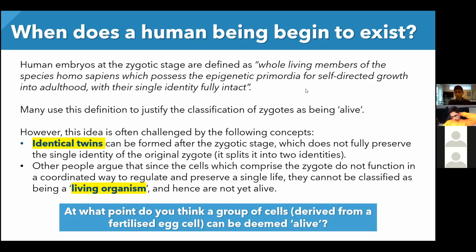Since zygotes can't make decisions due to not having a brain, due to not being able to express autonomy, should they be treated as living things, or should they be treated as inanimate objects, perhaps? Right, I think we've had a good discussion surrounding this, so perhaps we'll move on.